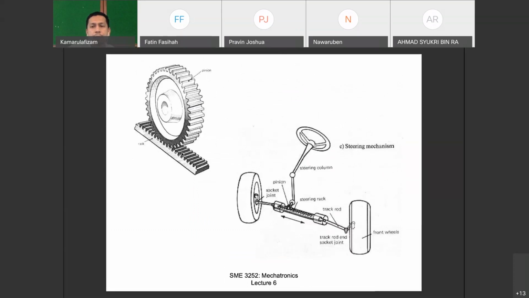Okay, sama juga rotational to linear motion. Macam tadi, macam rotational to rotational, you nampak satu gear transfer to another round object gear. Alright. Untuk rotational to translational, dia bukan round to round, dia round to linear motion, for example in this case left to right. Okay, dia tak menyebabkan pusingan lagi lah.